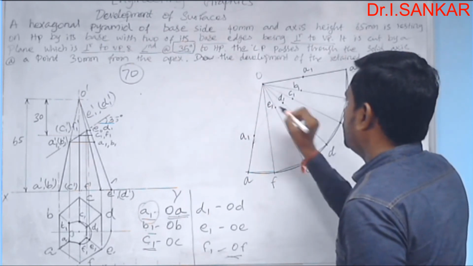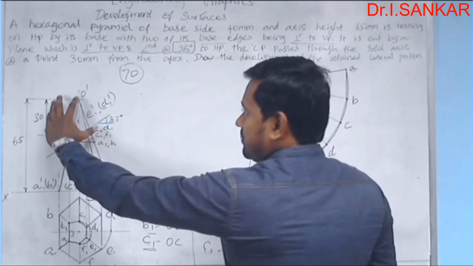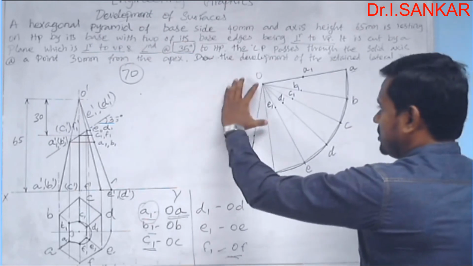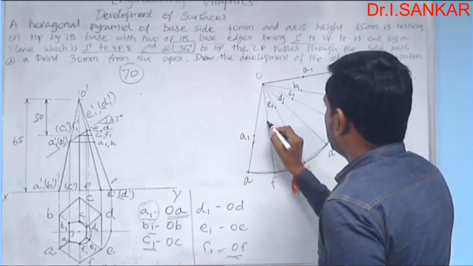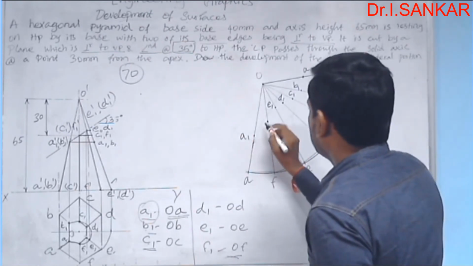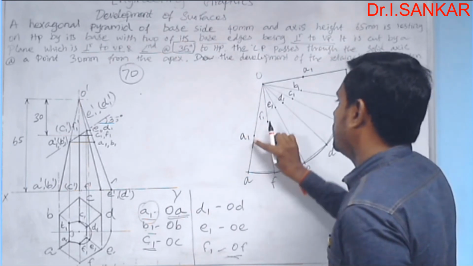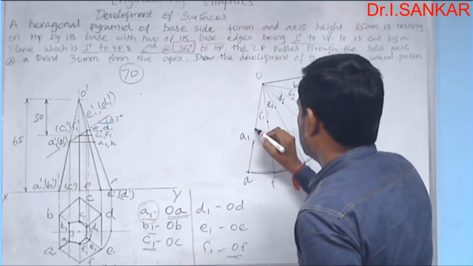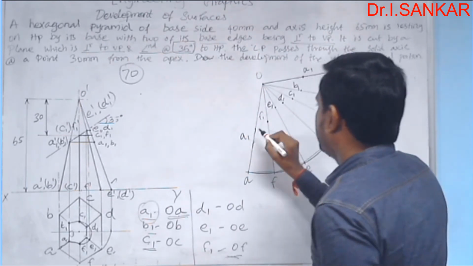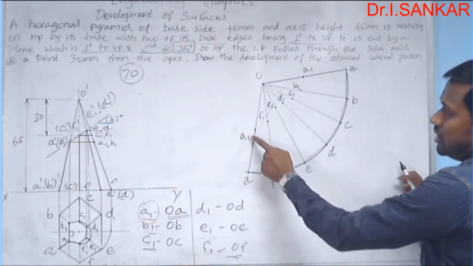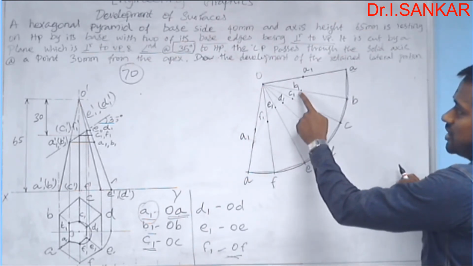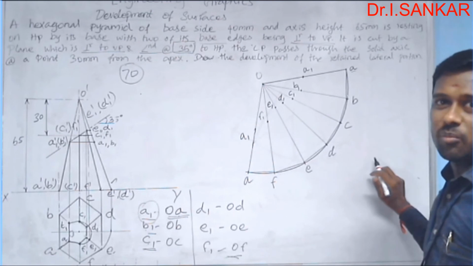It is E1. And F, measure it and mark it in the respective place. It is F1. Right. Now all the cut points are marked in their respective slant edges in the development also.